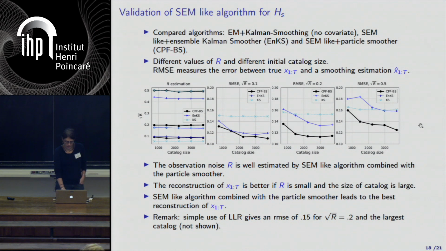And a final remark is that if we just use the machine learning algorithm, so we just use LLR without any smoothing and any estimation, the error would be, for this case, about 0.15. Okay. So the fact that we estimate the error and we do the smoothing really helps to improve the reconstruction.